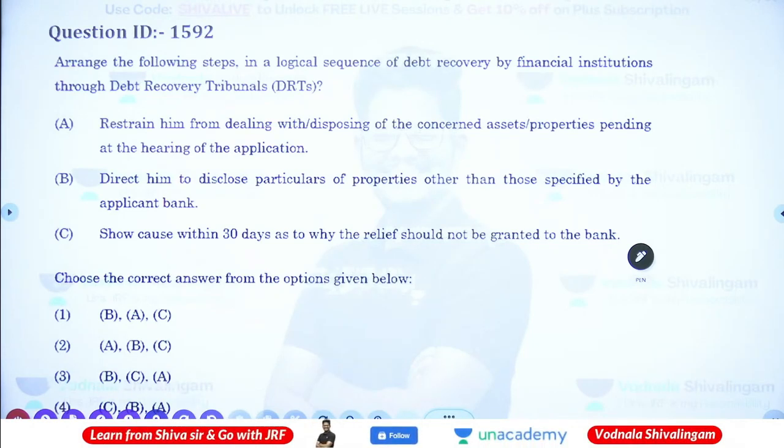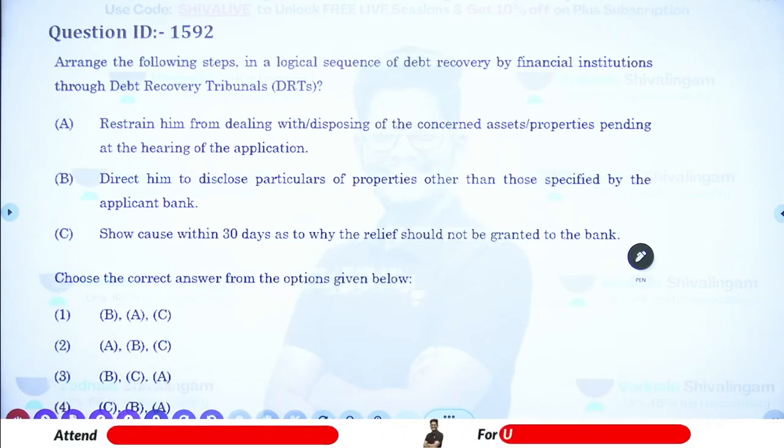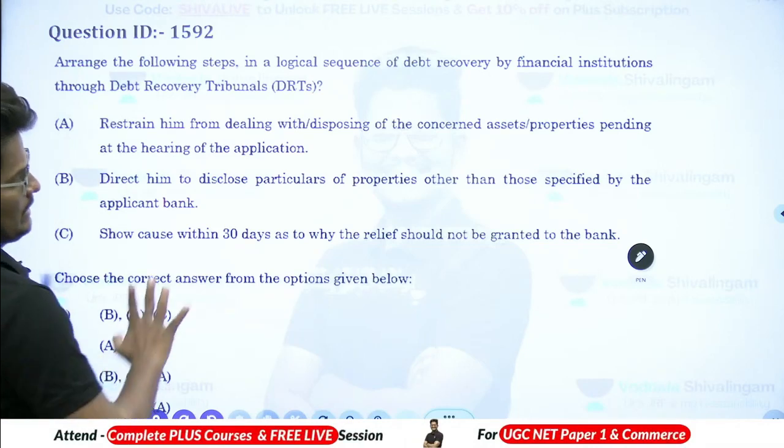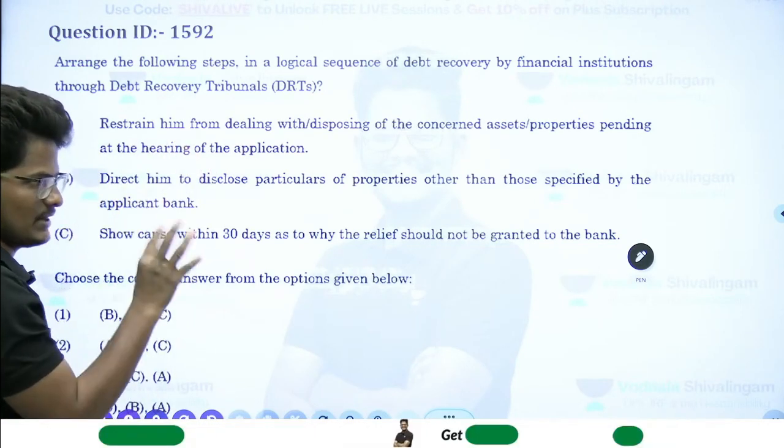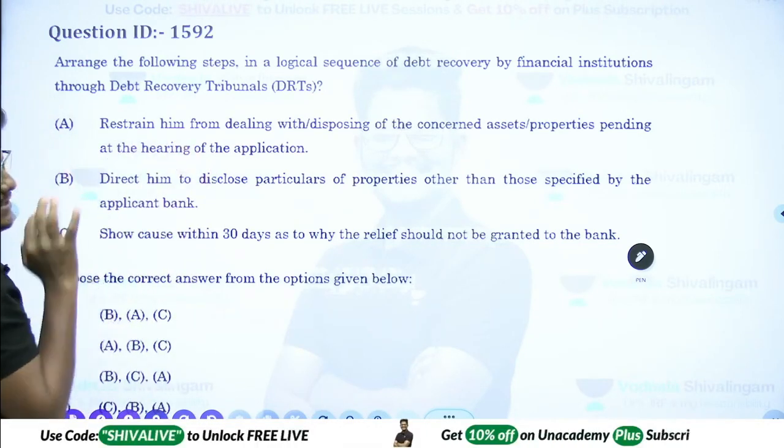Logical sequence of debt recovery by a financial institution through DRT. Simply look at the statements given in the question and, based on that, arrange them in a sequence.